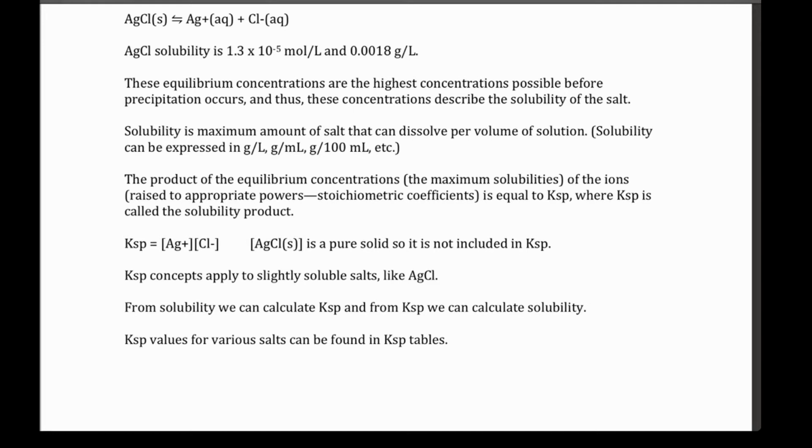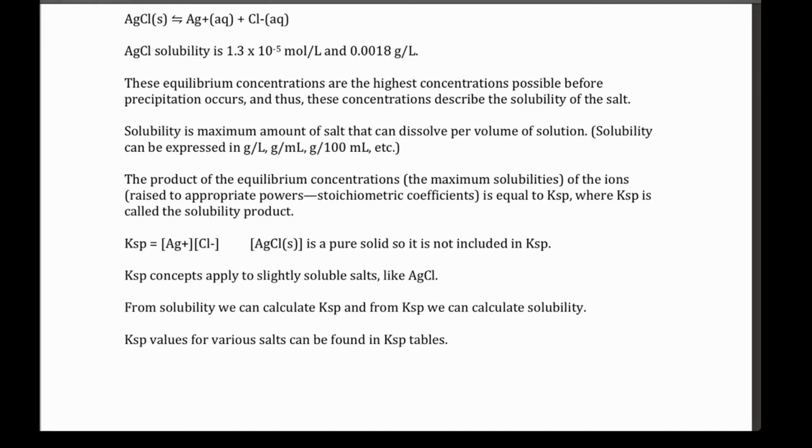Recall way back to chapter 13, the pure solids and pure liquids are left out of our equilibrium expressions. We use Ksp concepts for slightly soluble salts, ones that have such a small solubility that they're often referred to as insoluble. That would include AgCl.